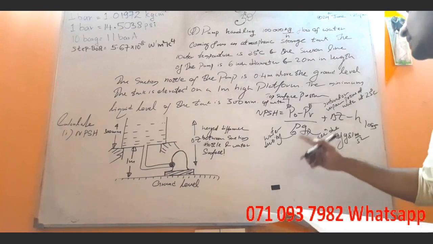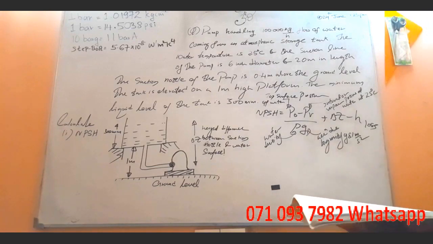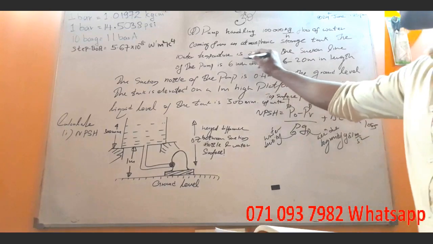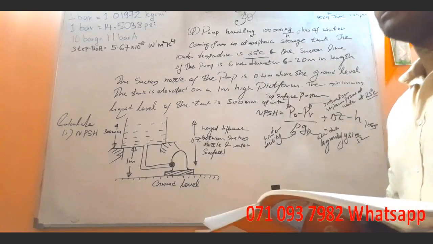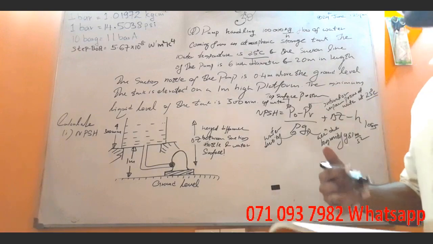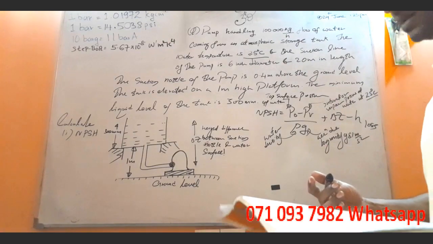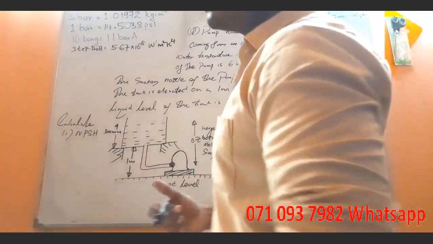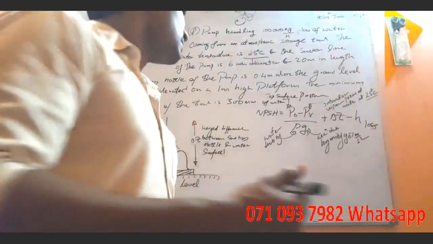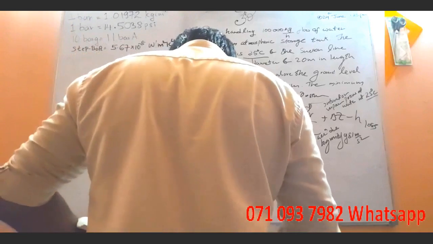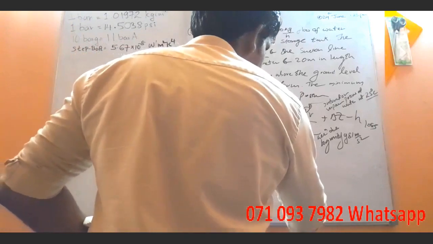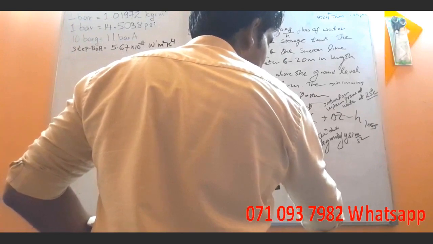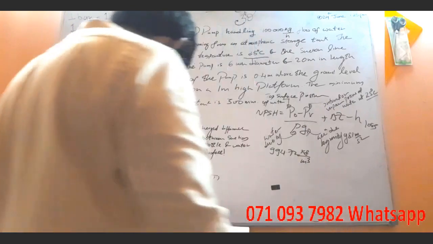Here you have to consider the density of water at 25 degrees Celsius, which is very important. Generally you can consider 1000 also, but here in this problem the density of water is given as 994.72 kilograms per cubic meter.